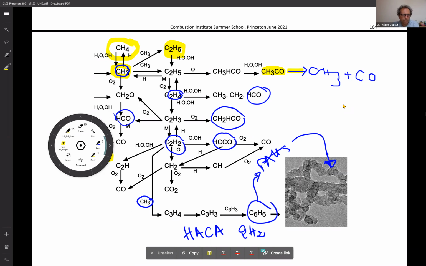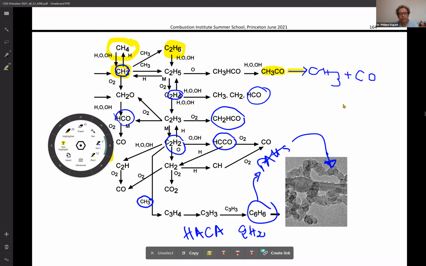There are many other systems where you are producing intermediately some radicals which are stable, and they tend to react with themselves and contribute to the growth of the molecules or the products.